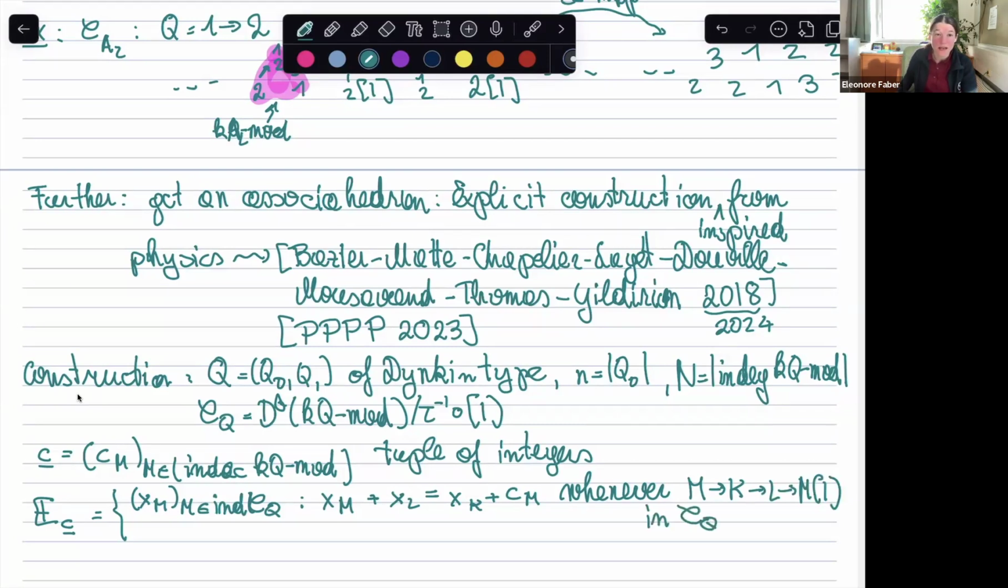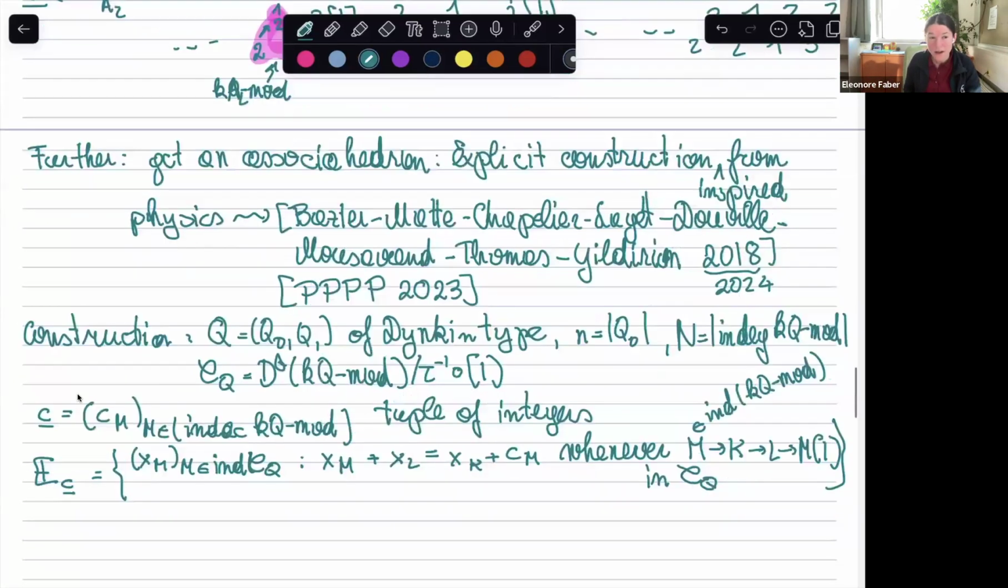And so here, an important remark is that I only look at AR triangles that start at a module. So this is actually something that is in the indecomposables of KQ mod. And so I look at this set. So this is a set that is defined by linear equations, one for each AR sequence.